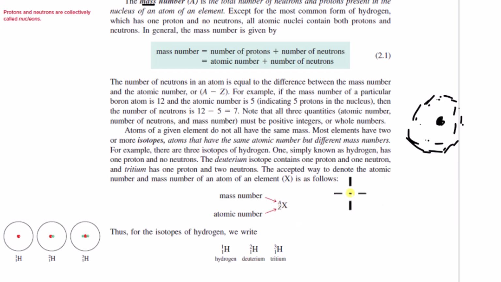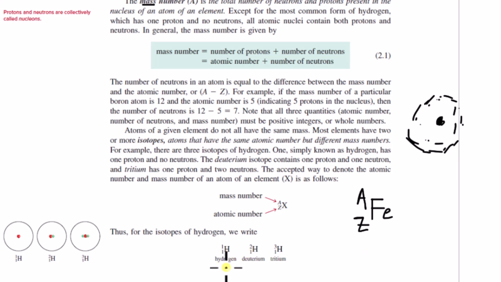The general way to do it is you put the chemical symbol, like iron, and then as a superscript on the back side of the chemical symbol, you would put the mass number, and then as a subscript on the back side, you put the atomic number. So that's the general convention used to communicate on paper or in a presentation the mass number, atomic number, or both of a certain element, right?